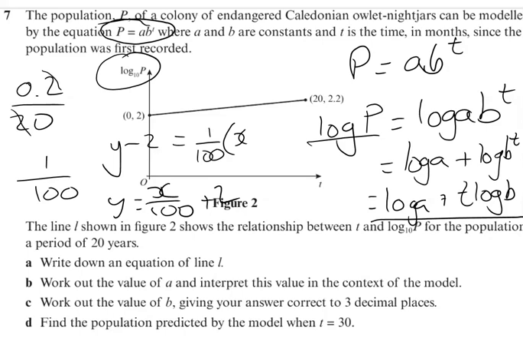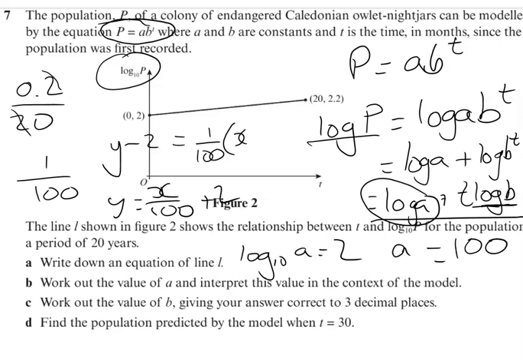So the gradient is log b and the t. So the gradient is 1 over 100 and the x is the t, which means our log a is just this number 2. So if log to the base 10 of a equals 2, then we can easily work out a equals something. So that's 100.